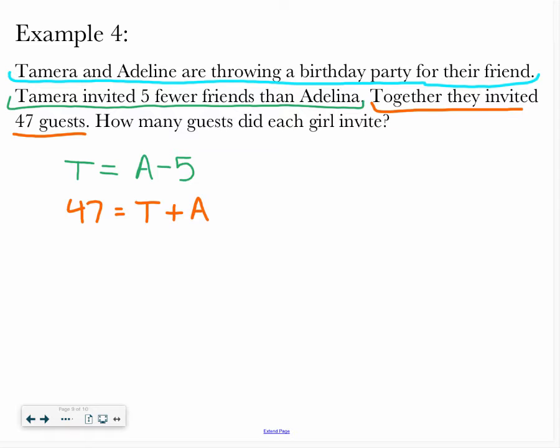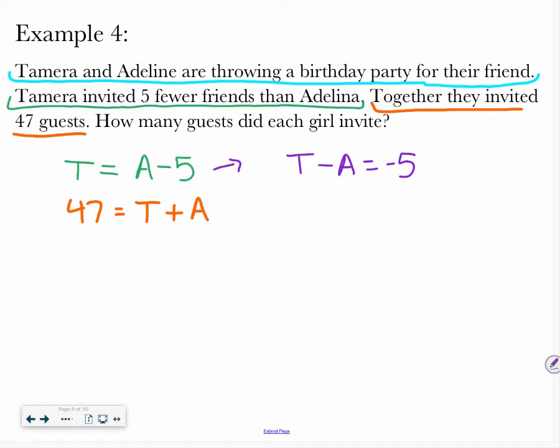Okay? Now I have my two equations. Now if I look, I can solve it so that my equations, my variables line up. So if I do that, I could subtract, I could redo this one. I could subtract Adelina from both sides. Okay?